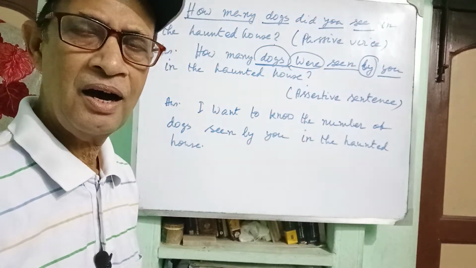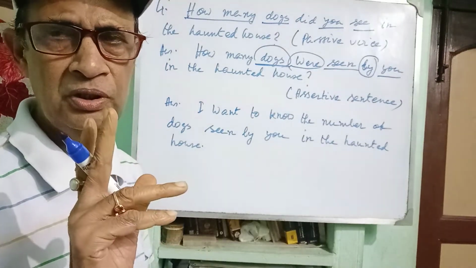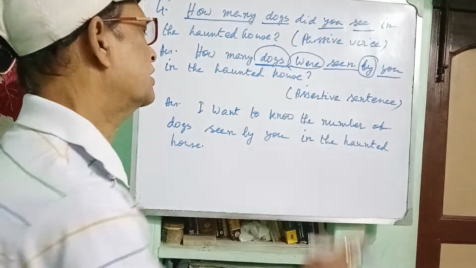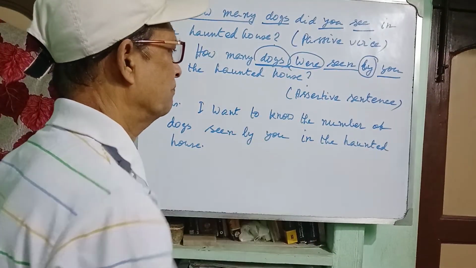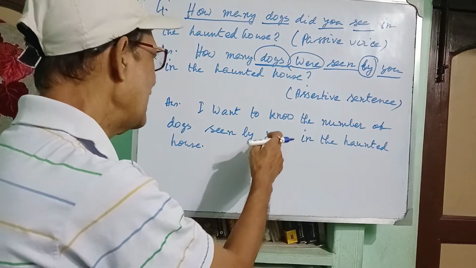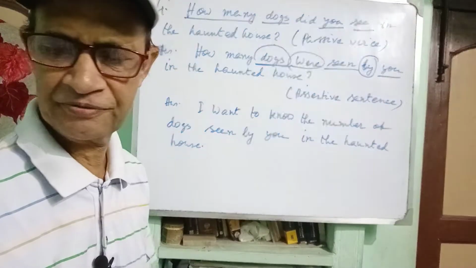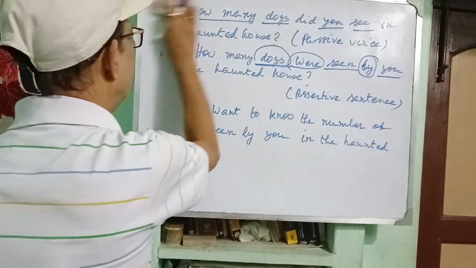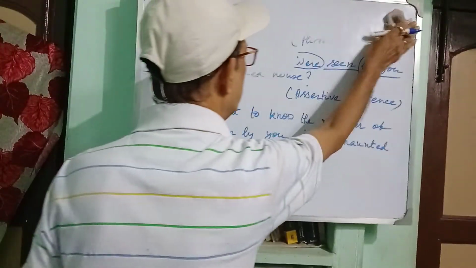So I have shown you two items: one is from active to passive, and from passive to assertive sentence. Clear? And it is my last example. Come to the fifth example.